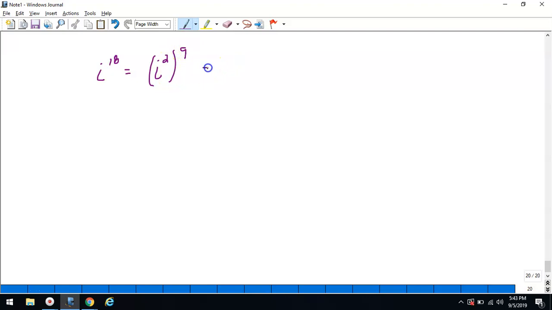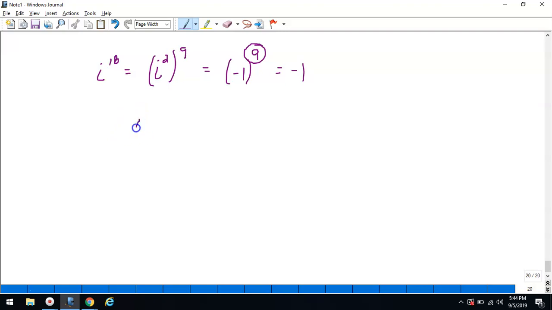So that is really just negative 1 to the power of 9, which should just be equal to negative 1 because 9 is an odd number. Is that correct? I think so. Double check me on the calculator.